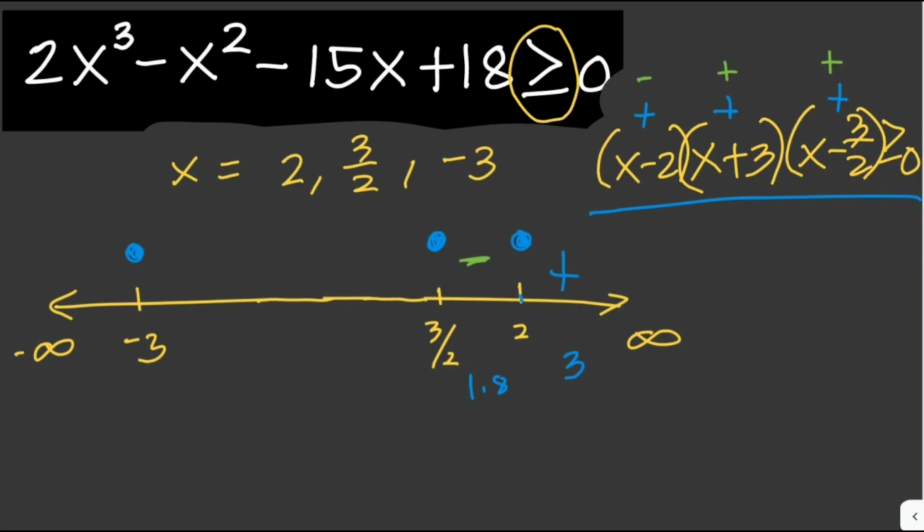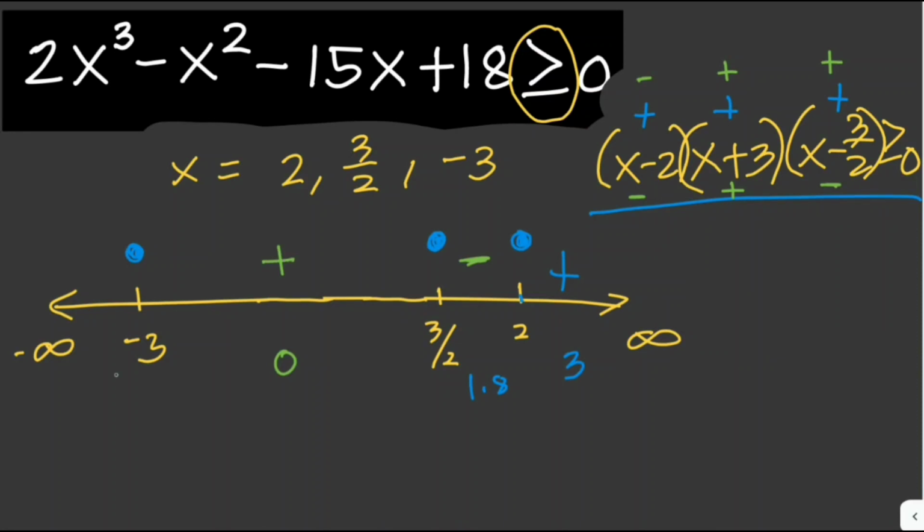And then we'll try one point between negative 3 and 3 halves. So let's say 0. We plug in 0 here. 0 minus 2, negative. 0 minus 1.5, negative. 0 plus 3, positive. So negative times negative is positive. Positive times positive is positive. So this region here is positive.